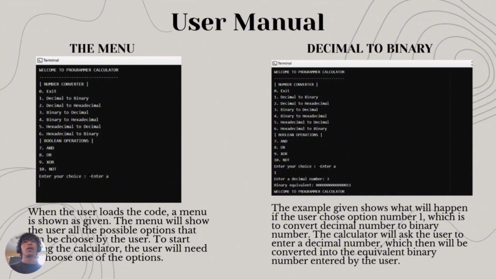As shown in the picture, when the user chooses number 1, the calculator will prompt the user to enter the decimal number, which then will be converted into its binary equivalent as shown in the picture.